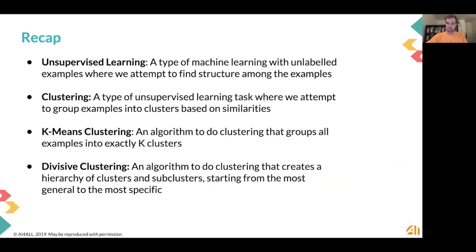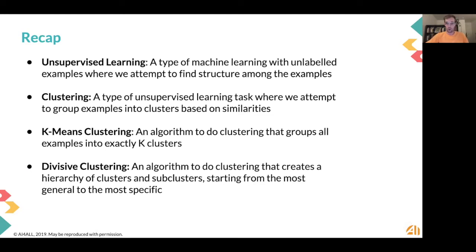So just to recap all the unsupervised learning approaches we've talked about, we started by contrasting the supervised learning approaches that you've been learning about with a separate family of approaches called unsupervised learning. This is what happens when you have unlabeled examples and just find bottom-up structure among those examples without explicitly training with a ground truth, desired output.